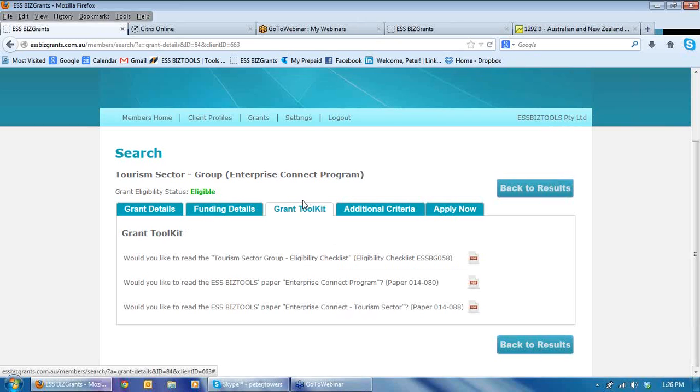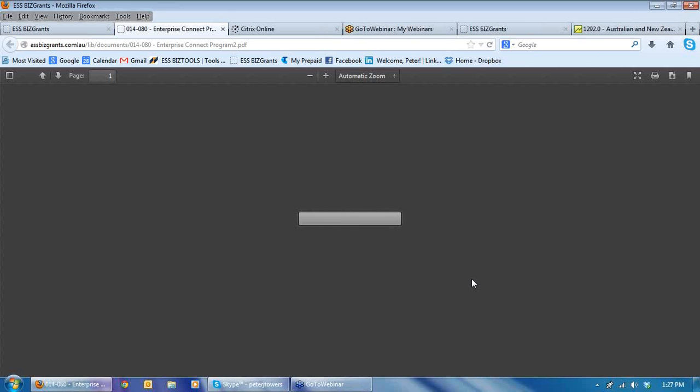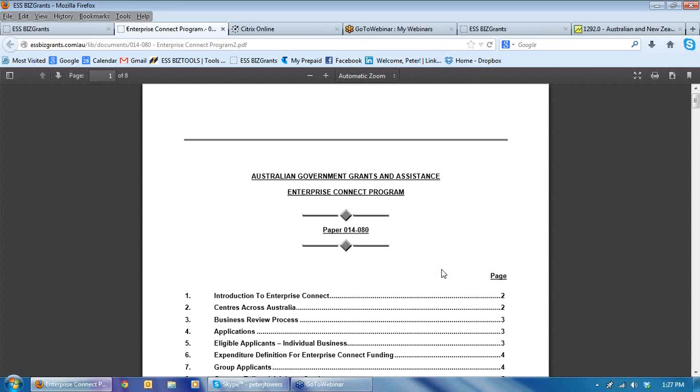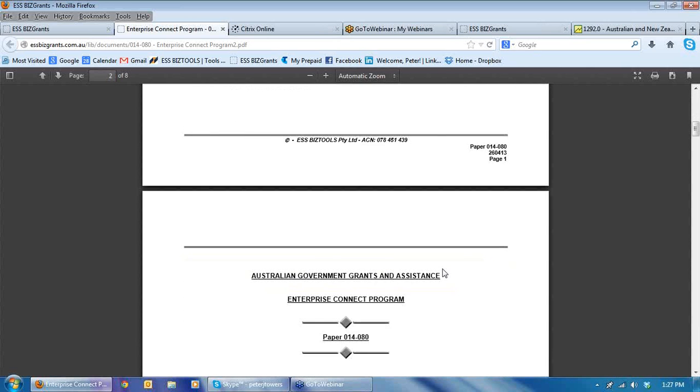Then you have a grant toolkit. So what I'm showing you now is repeated for each grant within ESS BIZGrants. So if you're working through the system, this is what you're going to be looking at. If you would like to read a paper from ESS BIZTOOLS on how this grant operates, then you can call it up and it's there.